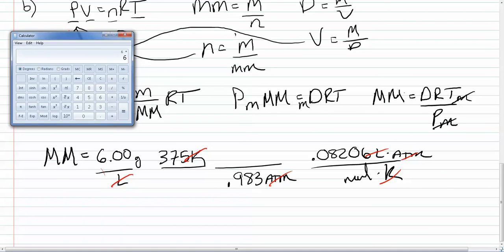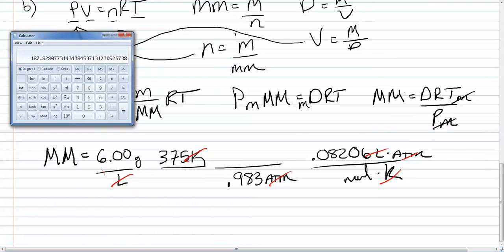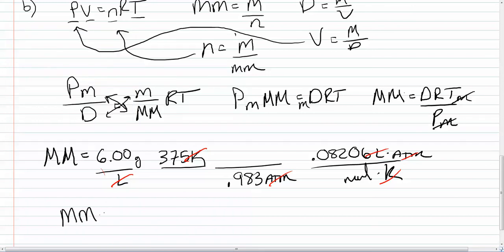We've got 6 times 375 divided by 0.983 times 0.08206 is going to give us a wonderful molar mass of 187, 3 sig figs, and more than enough, so 188. So molar mass is going to equal 188 grams per mole.